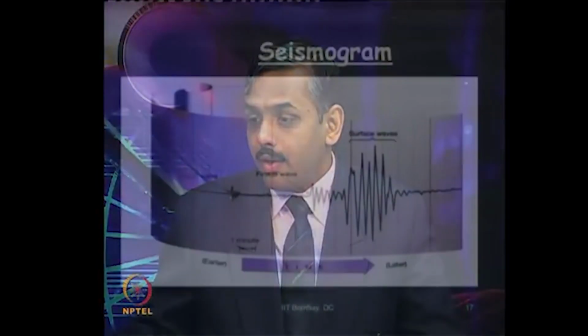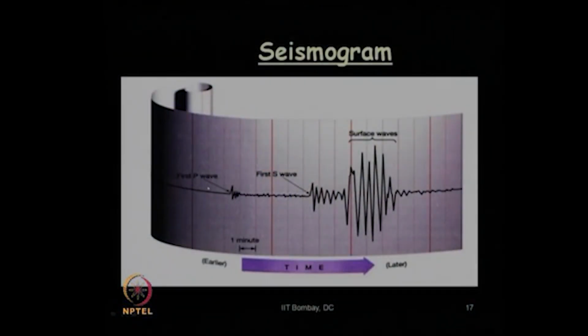And how can it be understood? You can see over here, obviously these waves have different speeds, as I have mentioned. The P wave has a different velocity, the S wave has a different velocity, the surface wave has a different velocity. So, obviously their arrival from the focus to the instrument station will take some time, and if the instrument location is much farther away from the focus of the earthquake, this time gap will also change, it will vary.